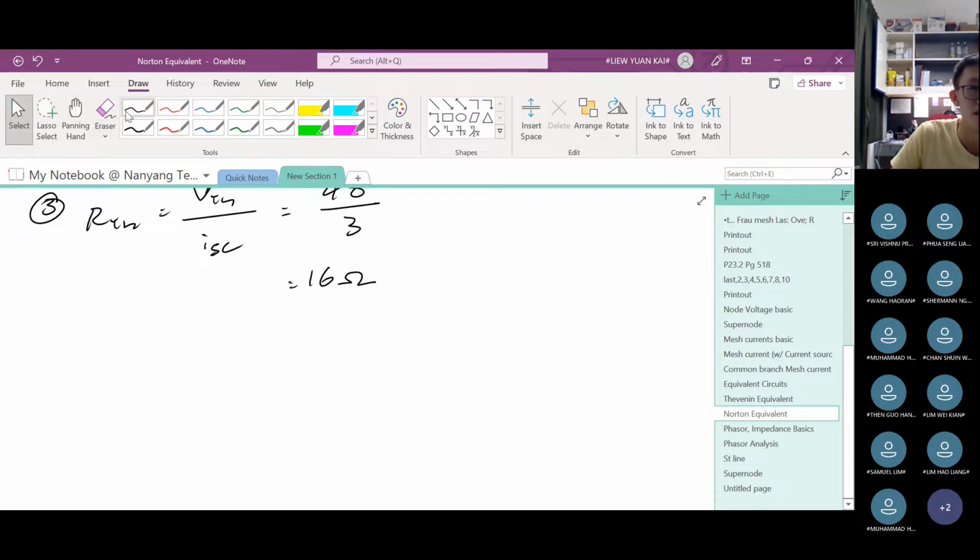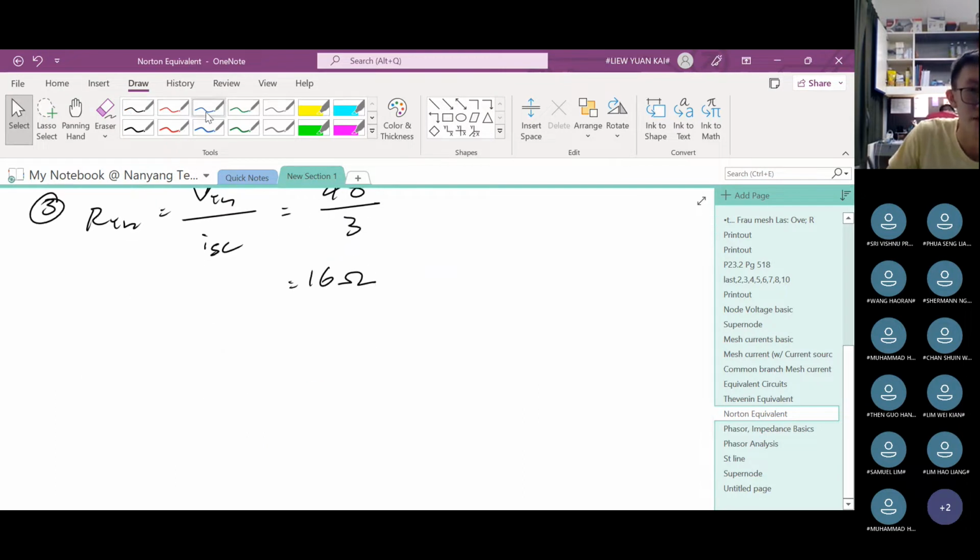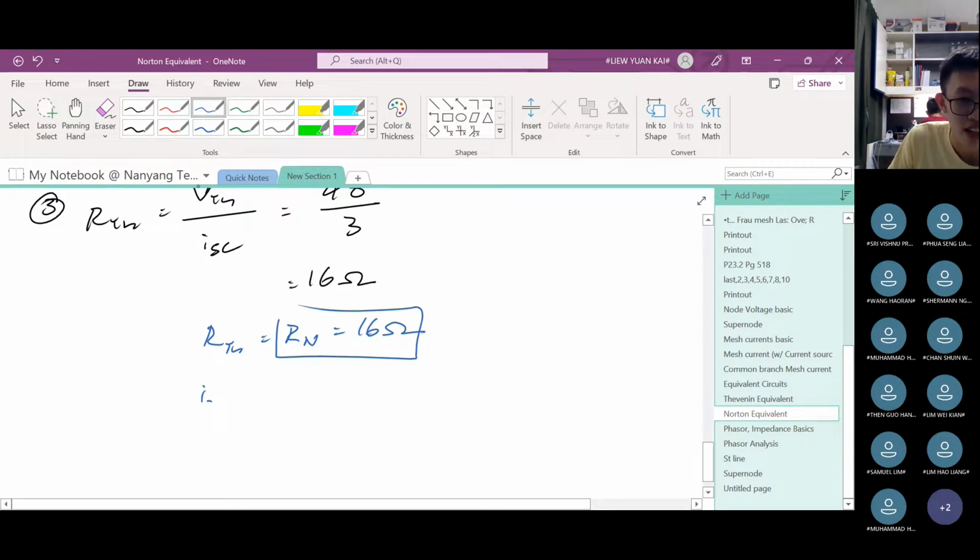Now, to find the... Actually, in this question, I'm asking you for the Norton, right? Okay, so it doesn't matter. Remember I said the Thevenin resistance is equals to the Norton resistance, which is 16 ohms, right? And then just now, I want the I Norton, which is equal to the I short circuit, which happens to be 3 amperes.